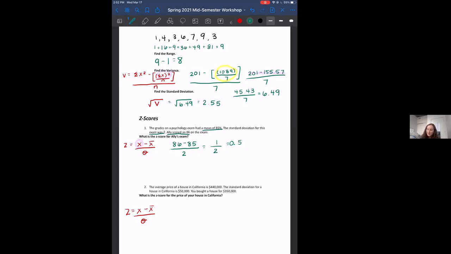What should we plug in for the first x, for the score? 350,000.